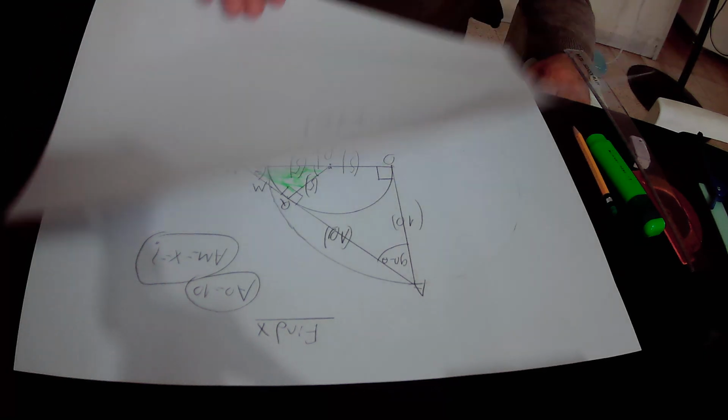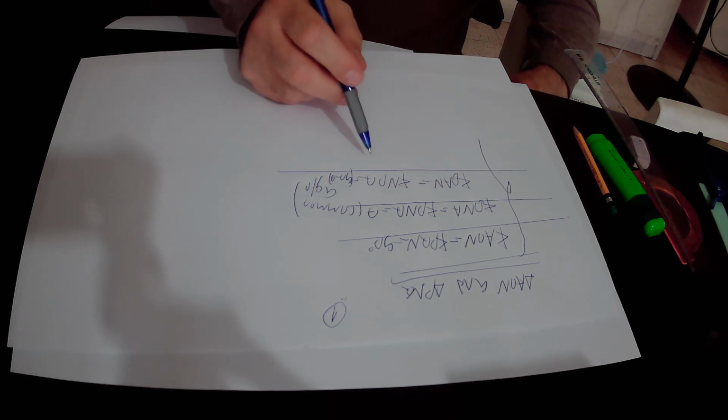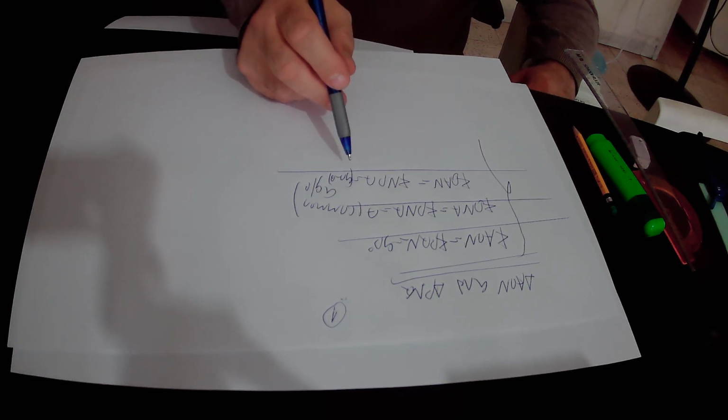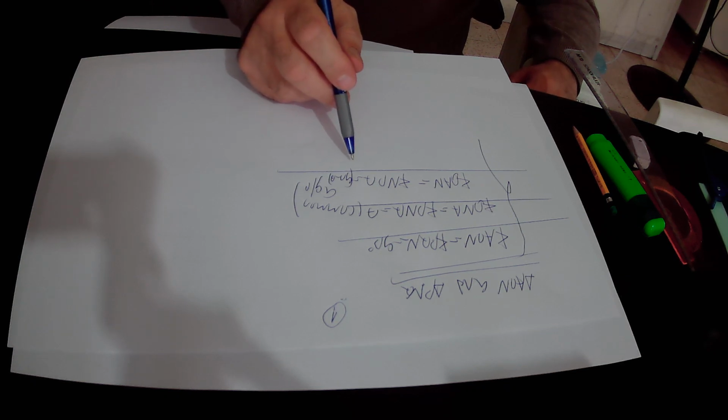Angle OAN in the big right triangle equals angle NPQ in the small green right triangle. They are both equal to 90 degrees minus theta, therefore they are equal to each other.